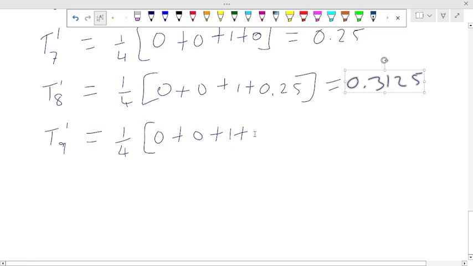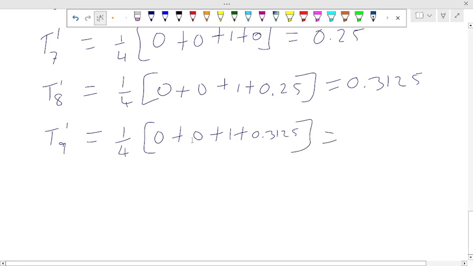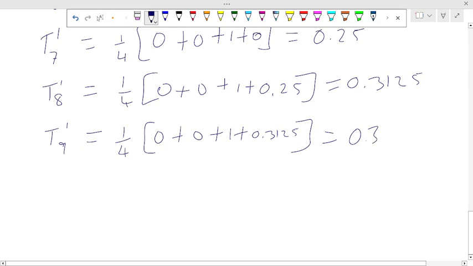Copy and paste, computer life sweet. Here we can just copy and paste to make life easy. So now when we sum these up and multiply by 1/4, that will give us approximately 0.3281. Oh yeah, that's it.